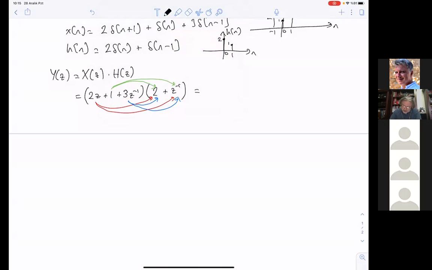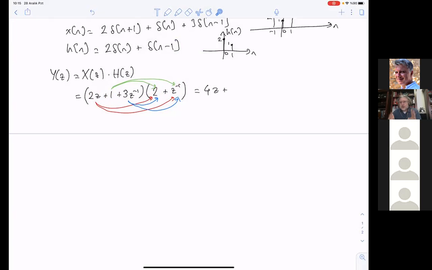But when you do that, it will probably be like 4z plus, this 2z times z to the minus 1 will give you an isolated 2. And then 2 times 1 will also be 2.